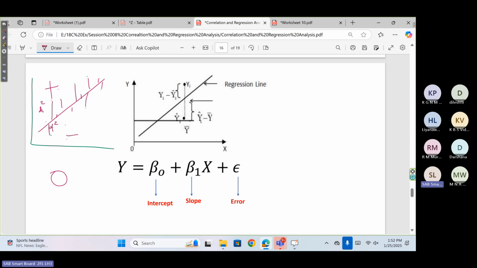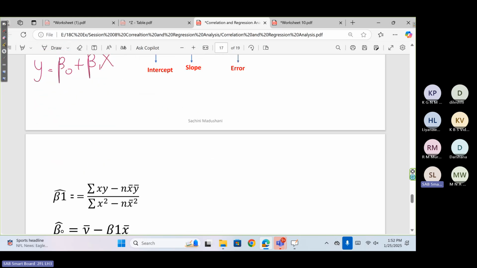That straight line is the best fitted line to the given data set. Then what is a straight line? Y equals beta naught plus beta 1 x. This is the straight line. Understood?